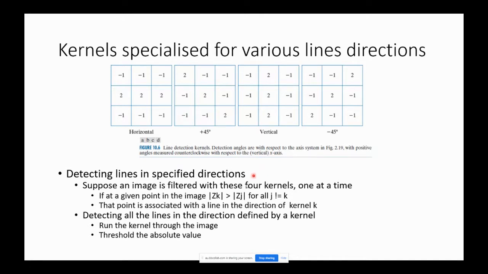So suppose an image is filtered with these four kernels, one at a time. I filter the image with this kernel, then with this kernel, and then with this kernel, then with this kernel.